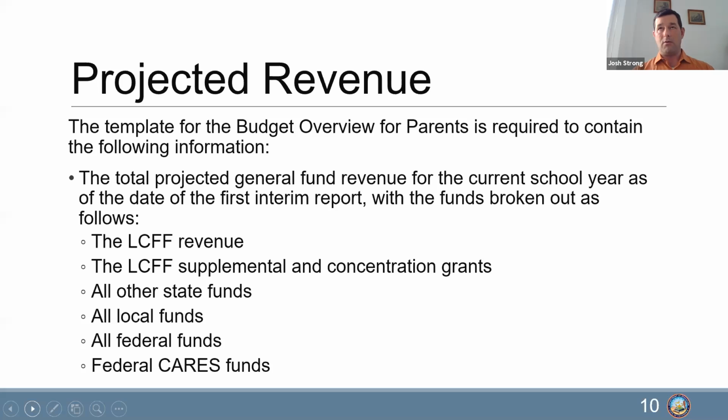And the funds that we're looking at are all LCFF revenue, LCFF supplemental and concentration grants, or the estimates of those, all other state funds, all local funds, and all federal funds, which would include the federal CARES funding, and then the specific amount of federal CARES funding. So just note that all federal funds includes the CARES Act funding, and then you're also providing the specific amount of the CARES Act funding on its own. Next slide, please.